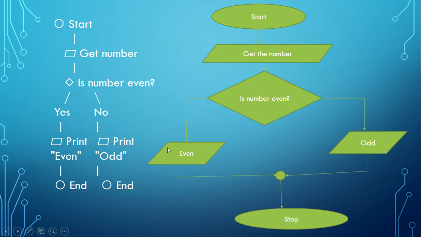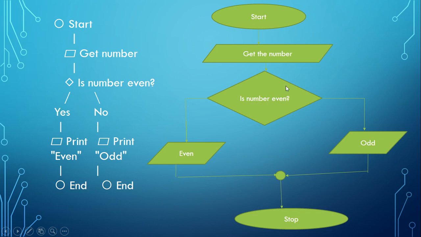Now this is the flowchart drawn for you here. So we usually start with the ellipse, start. You see start and stop, I'm using the ovals. Then getting a number, you use a parallelogram, get the number. Then the decision is made here in the kite or in the diamond. Is number even? Yes, just like it is on this diagram.